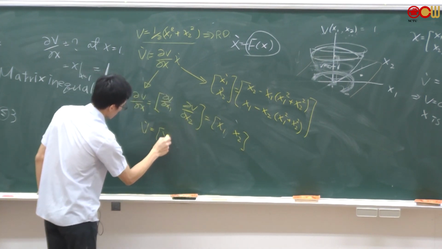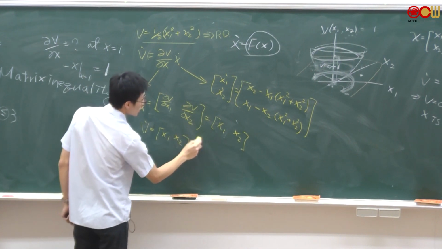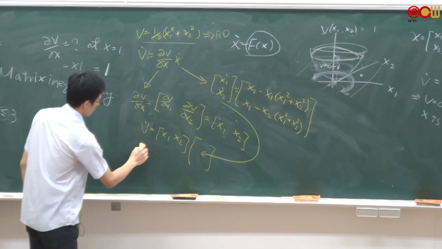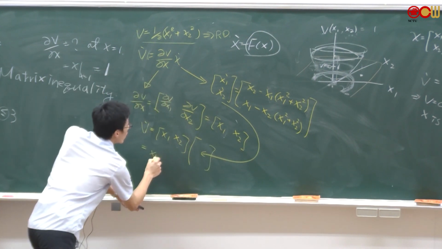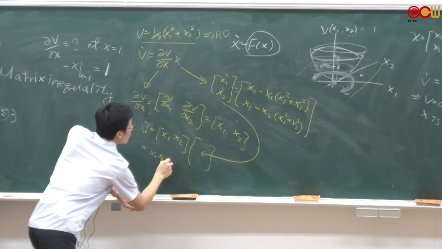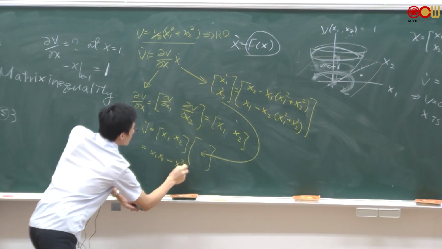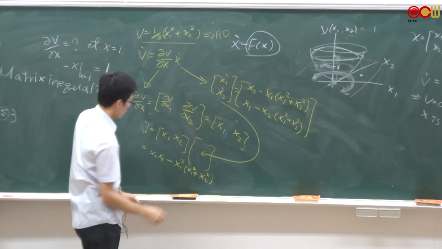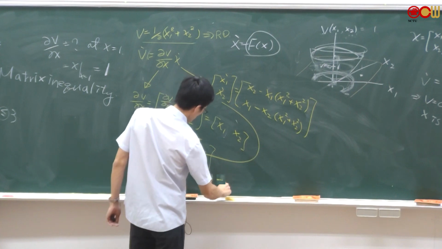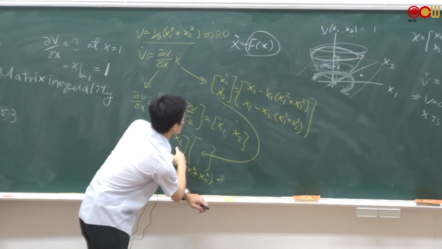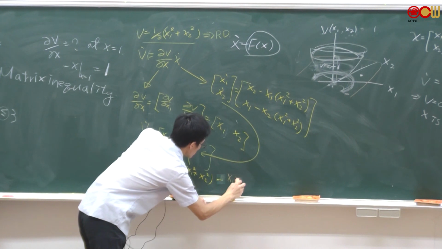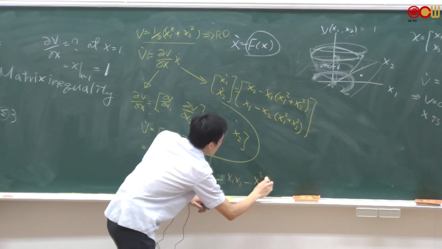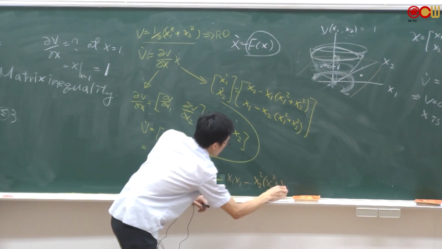So your v dot will be x1, x2 times this, which is x1, x2 minus x1 squared, plus the second part, x2, x1, x2 minus x2 squared, x1 squared.